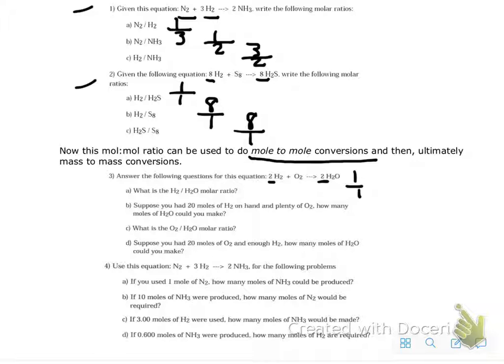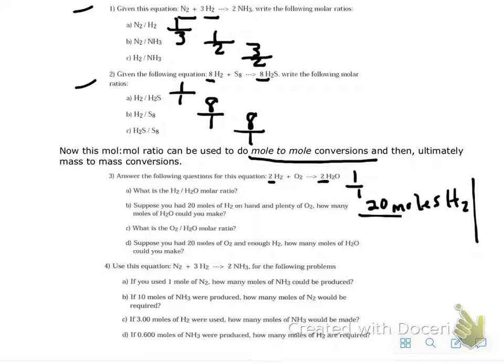And then it's asking me some questions applying that ratio. If I have 20 moles of hydrogen gas on hand and plenty of oxygen, how many moles of water could I make? Well, I'm going to write down my given, 20 moles, and I'm going to write what it is of that I have 20 moles, and that's hydrogen gas. Okay, so that's my given, and I want to know how many moles of water I can make.